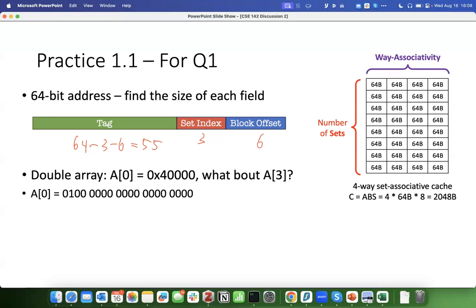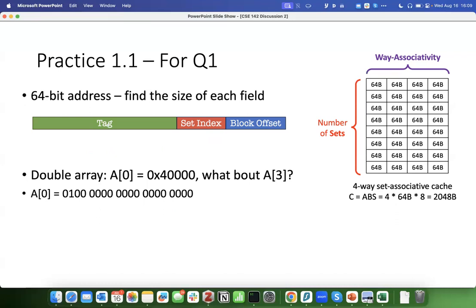Do I just put 2 zeros, 2 ones at the end, right? On the rightmost positions? Or do I? So they're saying 1 over here and 1 over here, right? That's correct. And why is that, right?